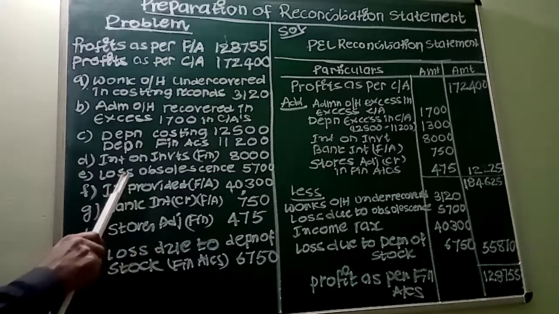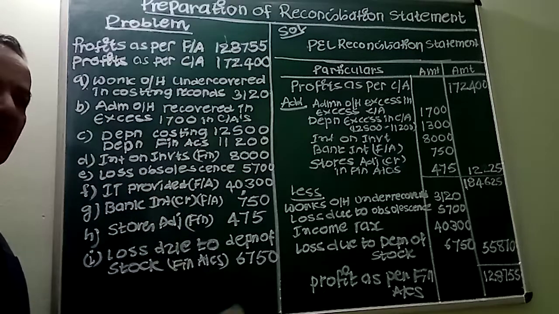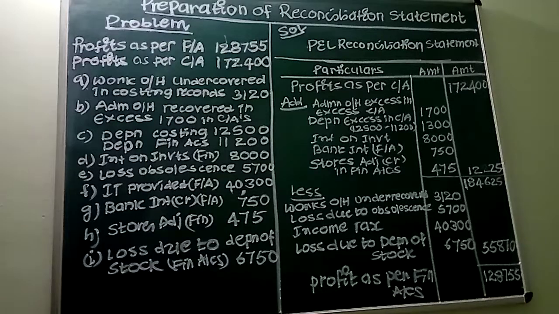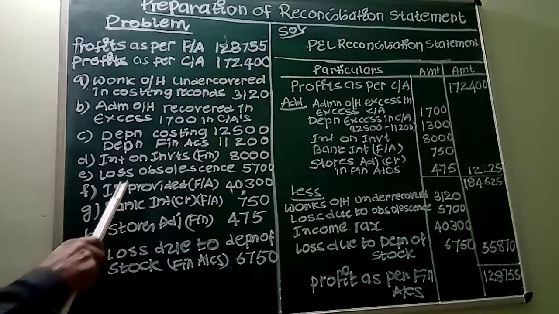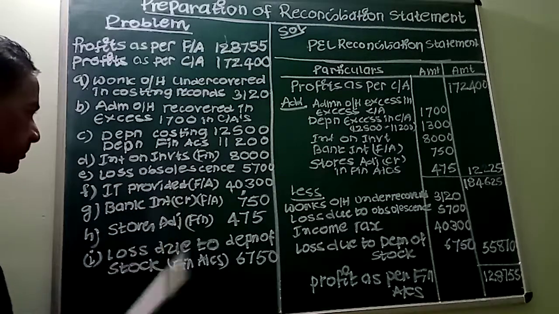This will be charged only in financial accounts as a loss. When you charge this loss in financial accounts, the profits will be less in financial accounts. So we have to deduct this particular item. Anything which results in decrease in the profits in financial accounts should be deducted.